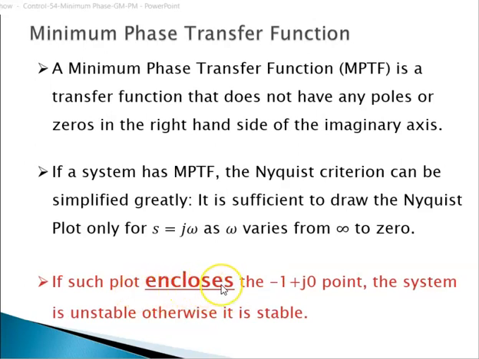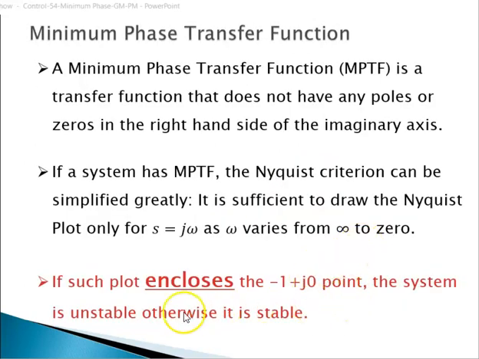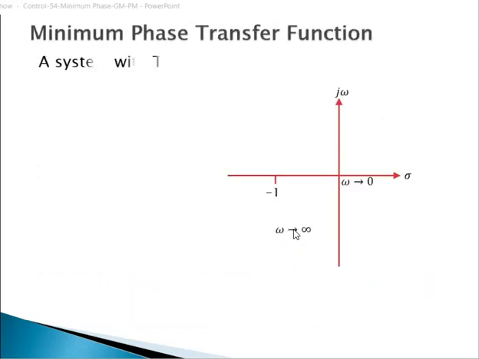A point is enclosed by a curve if it is found to the left while you are traversing along the curve. We'll try to explain what this means in the next slide.